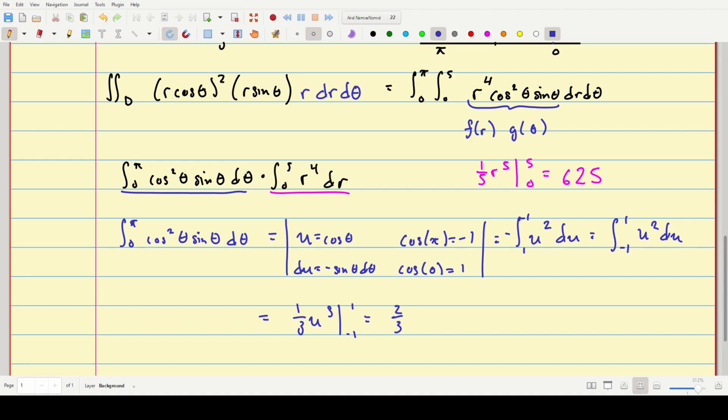We get 2/3 here. And so our integrand overall is going to be 1,250 over 3. Which doesn't reduce as a fraction, right? Okay.